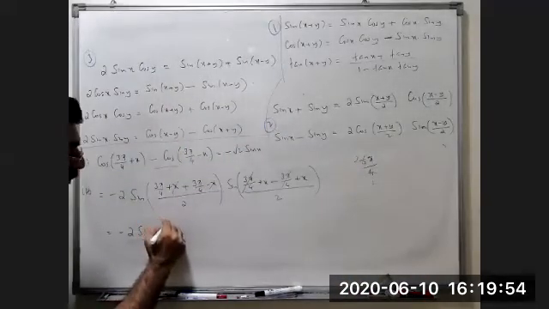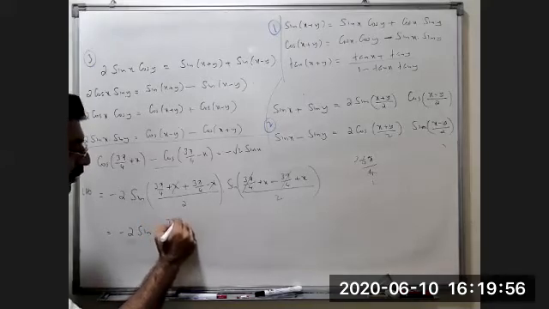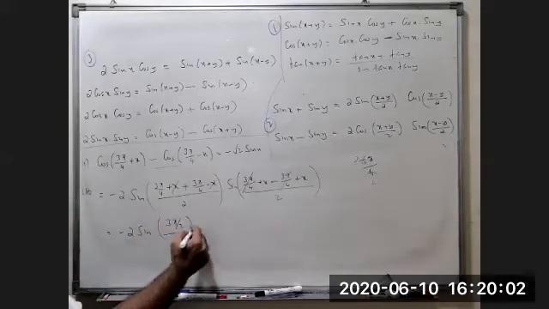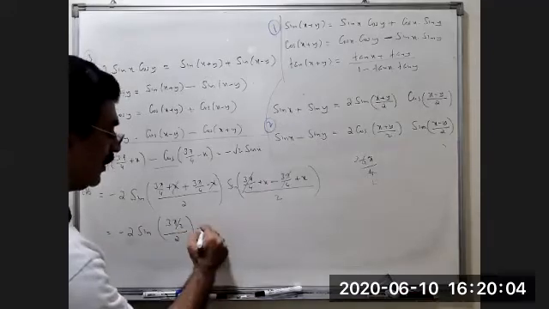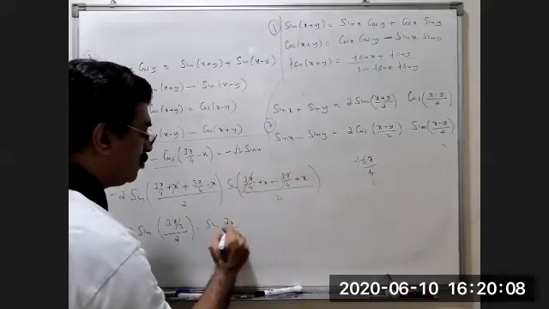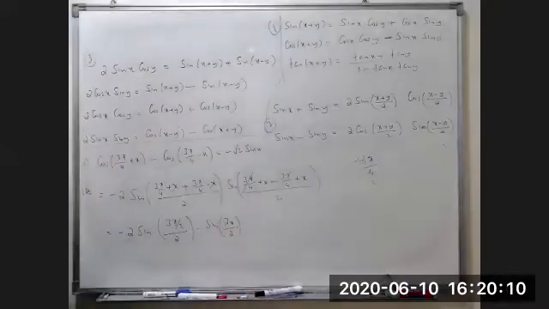So it is 3π/2 by 2, into sin((x+x)/2), 2x by 2. Is it?